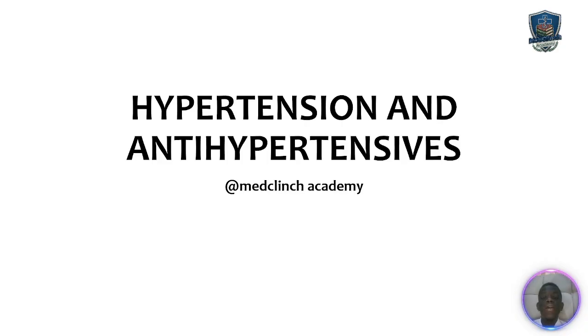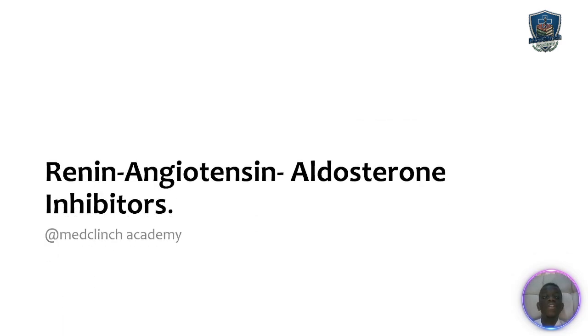So today we're going to go directly to our third episode of this series, and we are going to look at the renin-angiotensin-aldosterone inhibitors. Remember, in our second episode, I told you that we are going to have an understanding of how the RAS system works and the drugs that work against the RAS system.